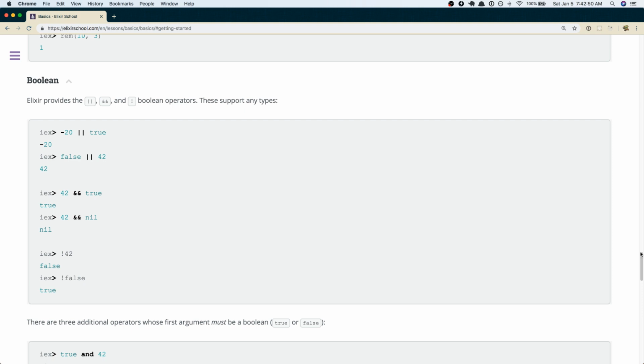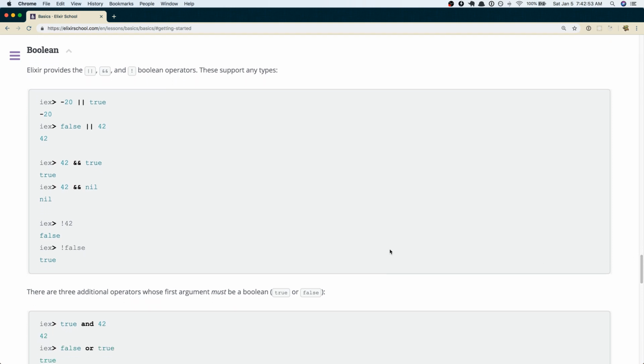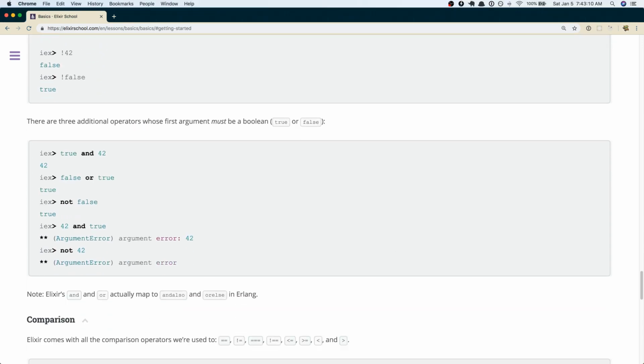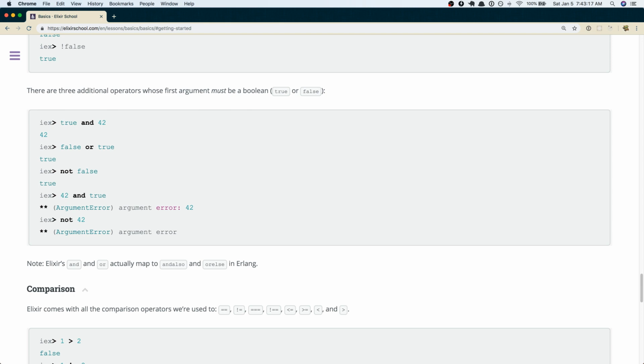There are three additional operators whose first argument must be a boolean, true or false: and, or, and not. Note, Elixir's and and or actually map to andalso and orelse in Erlang.